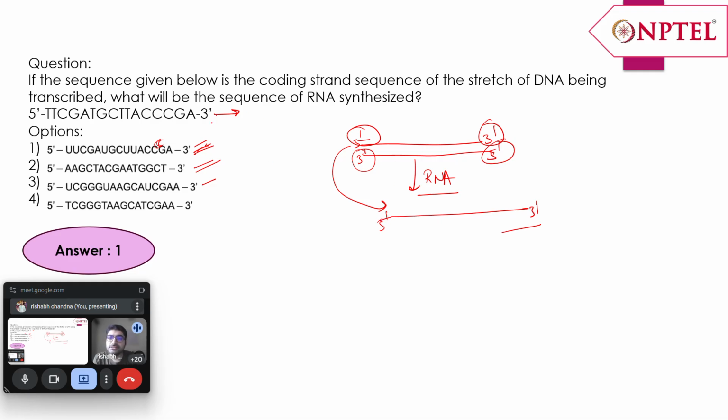Now the strand given to you is the coding strand. That means the sequence of the RNA would be the same as that of this strand, only the T in the DNA would be replaced by U in the RNA.